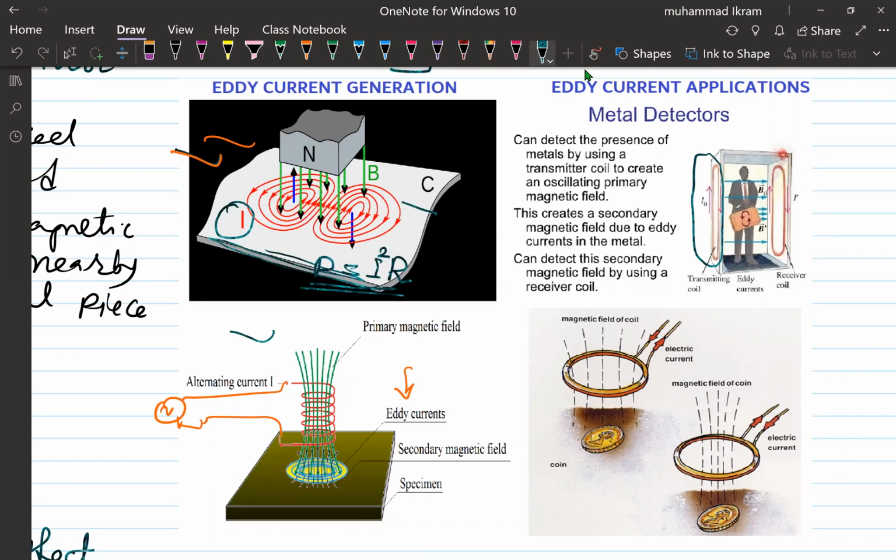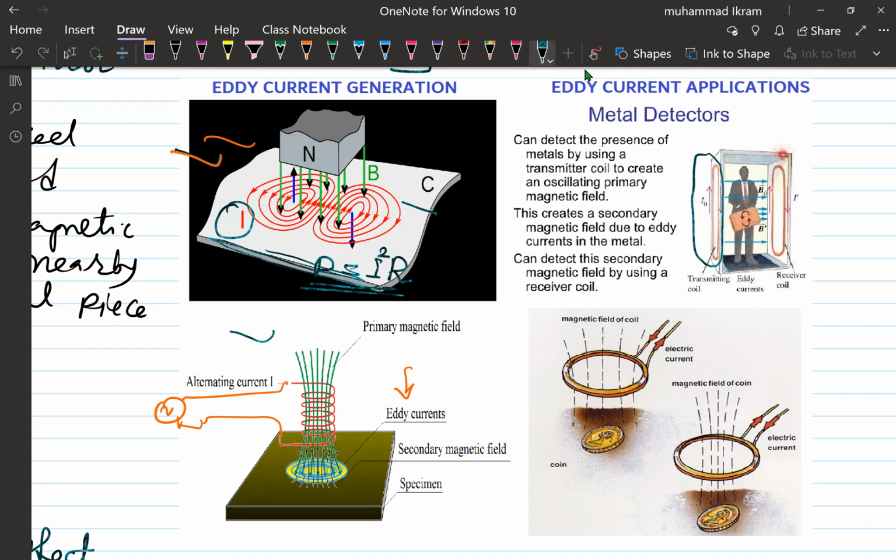Now what does this do? There is a changing current that exists in the transmitting coil. If someone passes through the scanner, and if he or she carries any metals, for example a knife or anything which can cause danger or be used for any other illegal purposes, right, then what will happen?